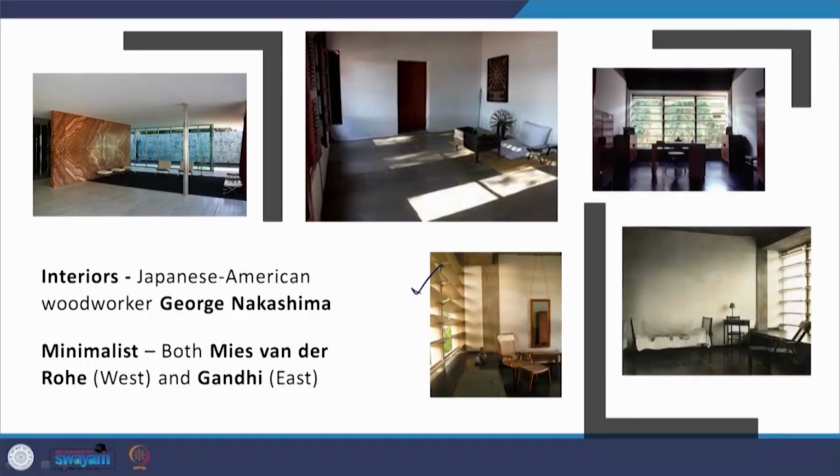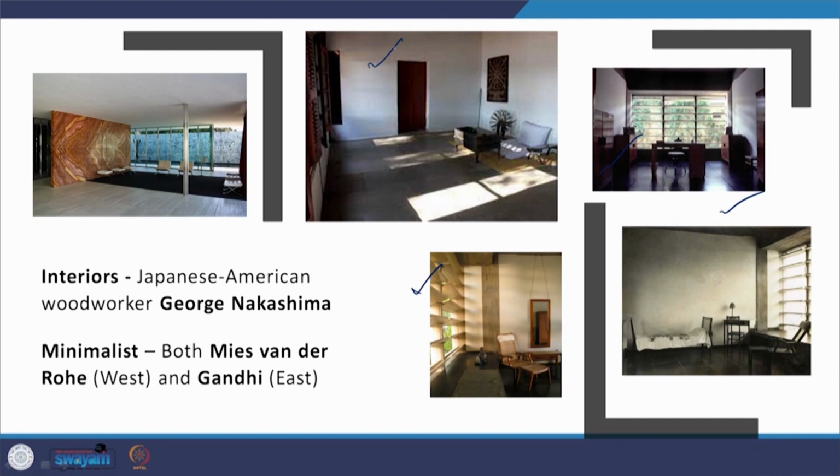The interiors of Golconda, as you see here, here and here, are done by a Japanese American woodworker, George Nakashima, and it is minimalist, as in the very high-end minimalism with very fine materials of Mies van der Rohe in the west, or the ascetic minimalism of Gandhi in the east, as you see in the Sabarmati Ashram. So that kind of minimalism you find in this building.